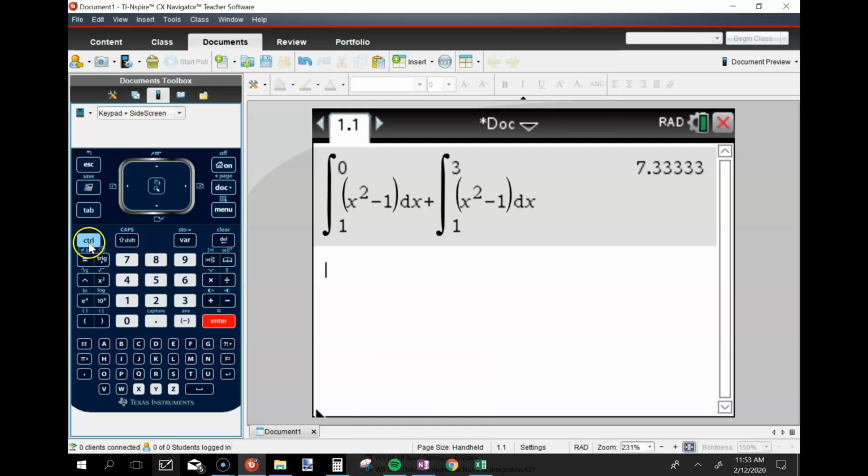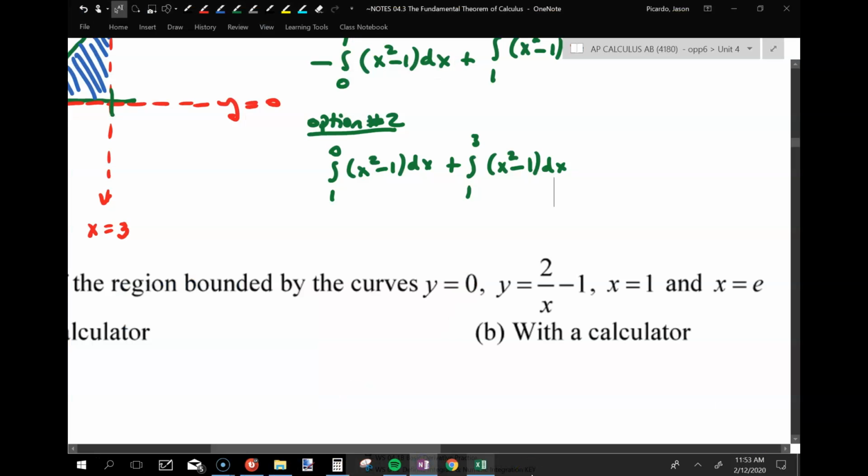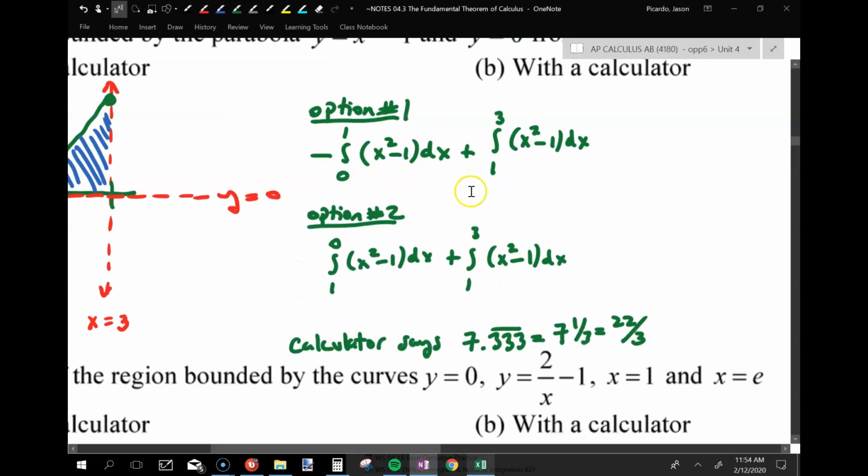So we got our solution. Probably going to be 7 1/3. Yeah, probably going to be 7 1/3, right? Seems like it's going to be. So calculator says 22/3, B. So we'll do option 2.